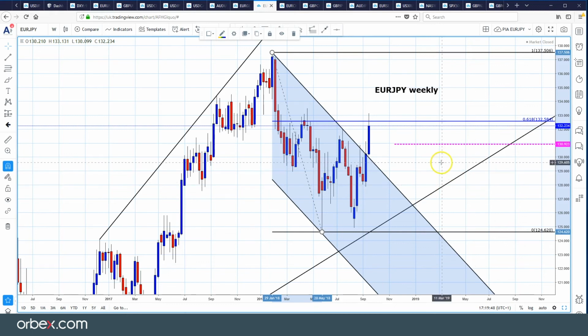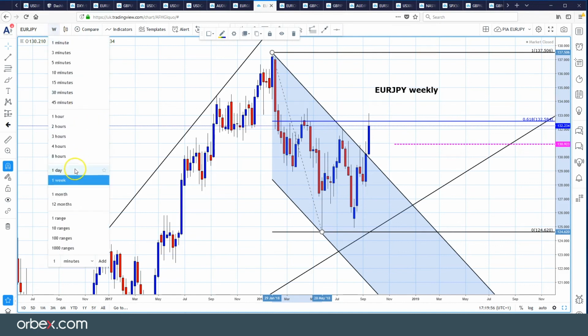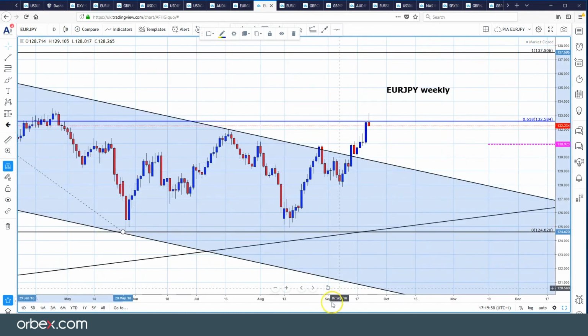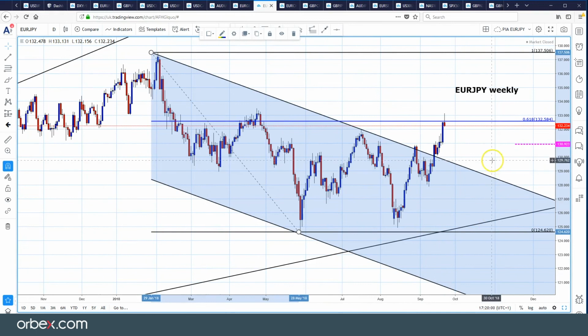This week we've got support at 130.92, and if we put this onto the daily chart, let's put it back a bit, we can see that area has been quite supportive. Well, it's actually acted as support and resistance for some time now. So that's our immediate support level for euro yen going into this week.